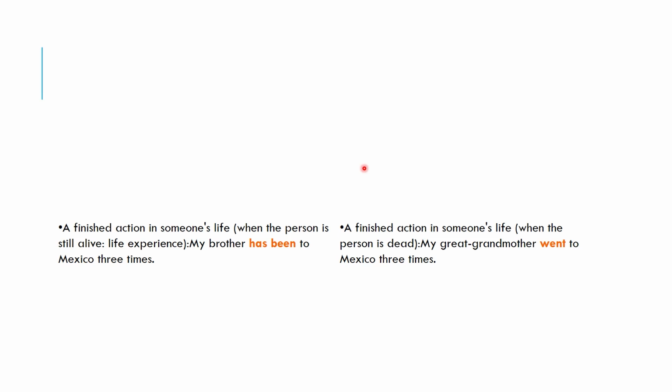And differently, in the simple past, we talk about a finished action in someone's life, meaning a life experience, when the person is not alive, he's dead or she's dead. Then we talk about his or her life experience with the simple past. Look at the example. My great-grandmother went to Mexico 3 times.